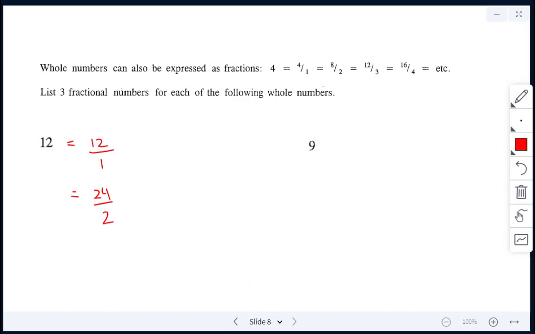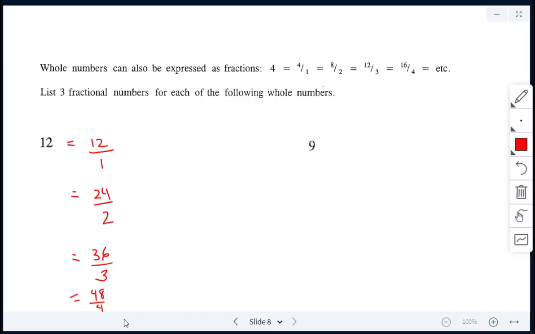All right, and another one would be 36 over 3, right? Because 36 divided by 3 is equal to 12. And then 48 divided by 4 would be another one.